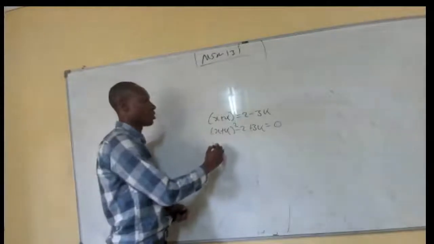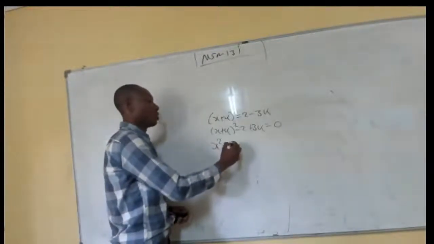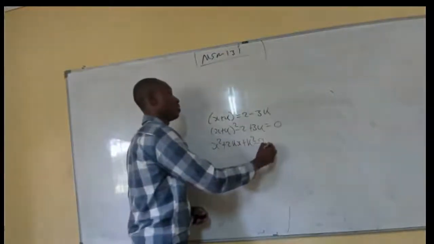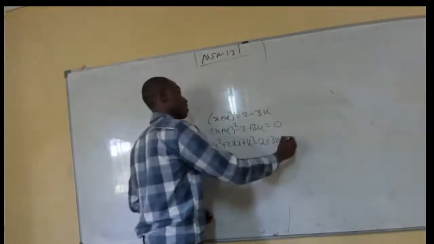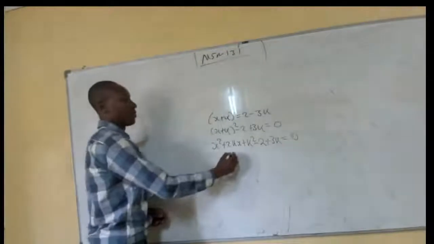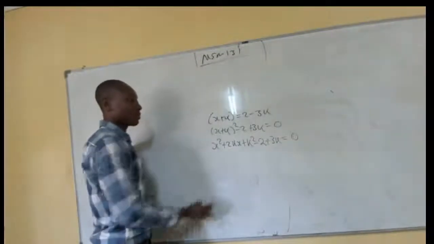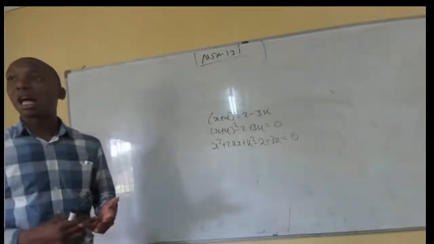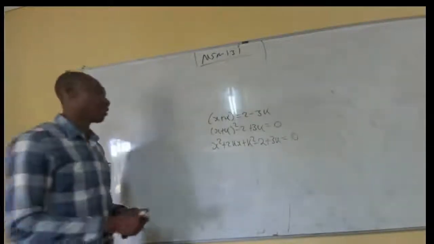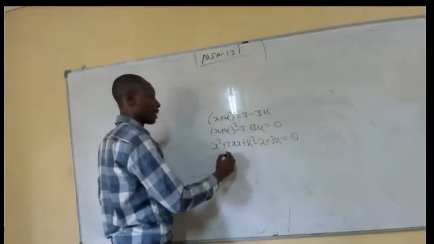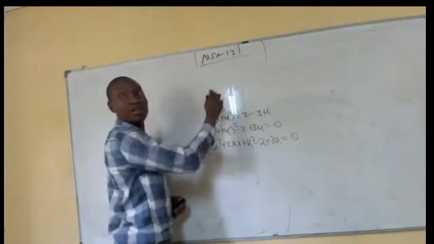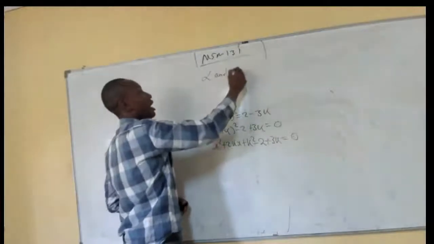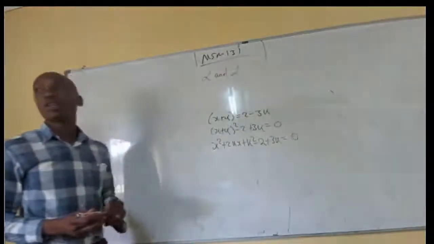If you expand it, it's going to be x² + 2kx + k² − 2 + 3k = 0. So what is the sum? The roots that we've been given are alpha and alpha, because we've been told that the roots are equal.